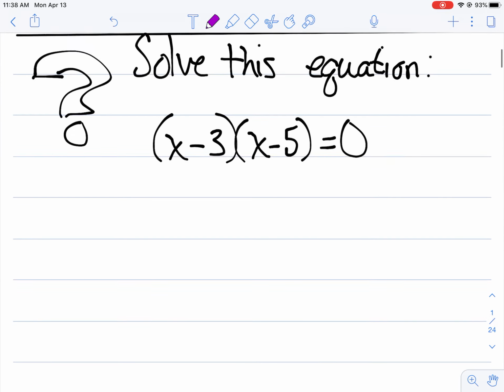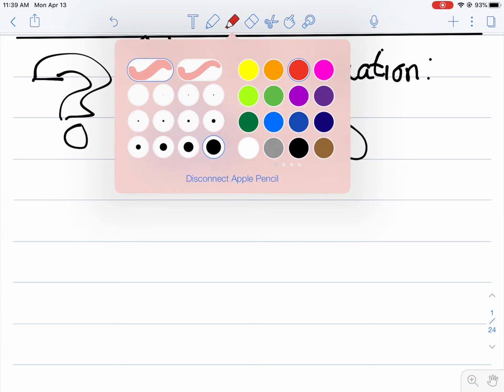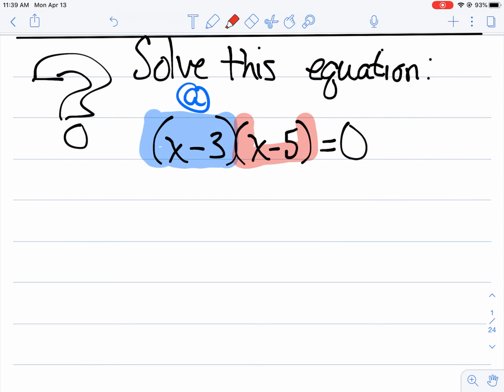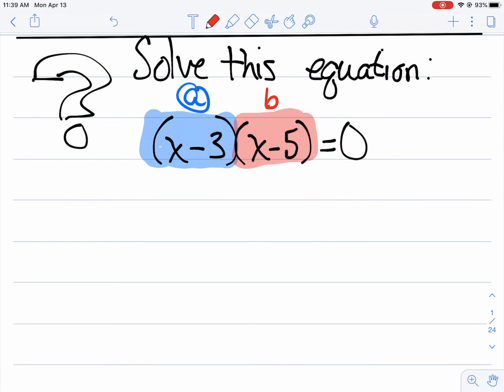The first one is right here on page 2. Notice that this equation is already in factored form. I already have the factors for you. All we're going to do is apply the multiplication property. If I let the first grouping be A and the second grouping be B, then I can apply the property.